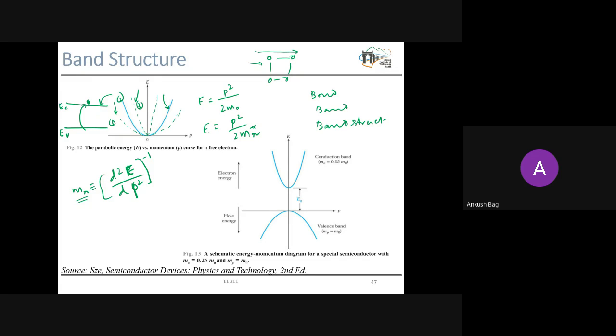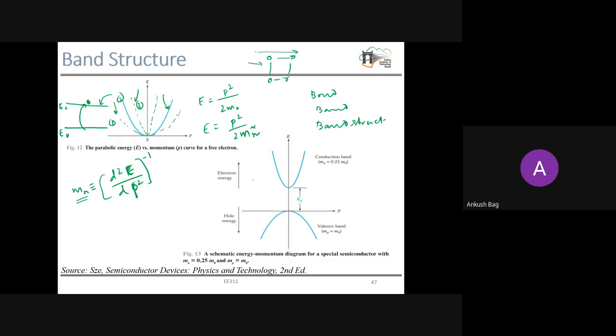That is why I mentioned this is also a very simplified band structure. The actual band structure is a lot more complicated.